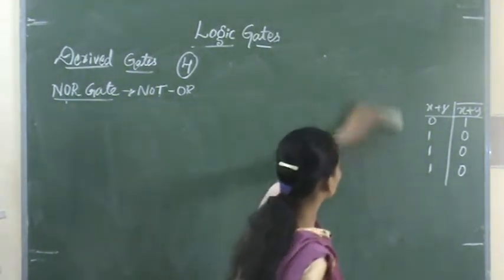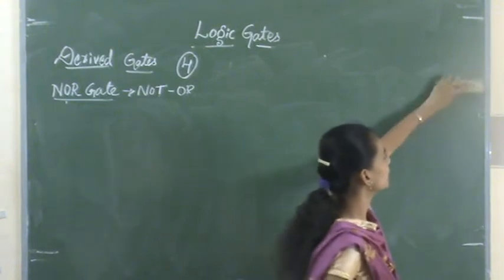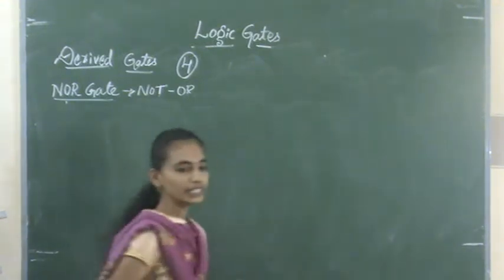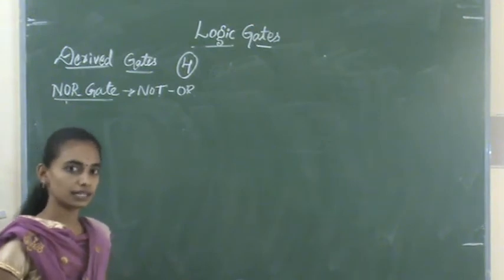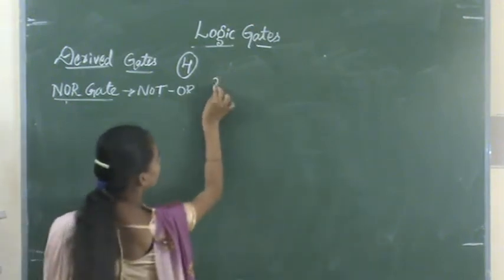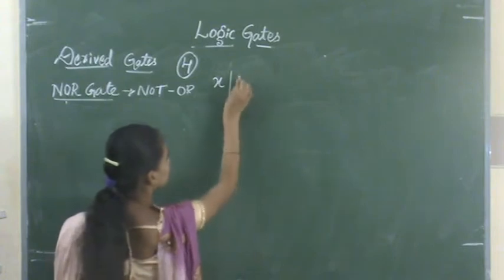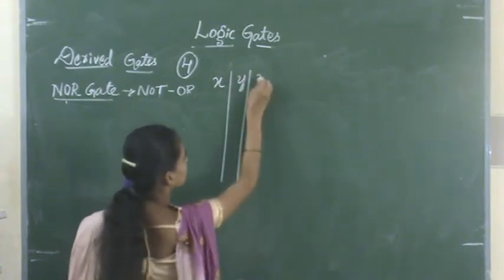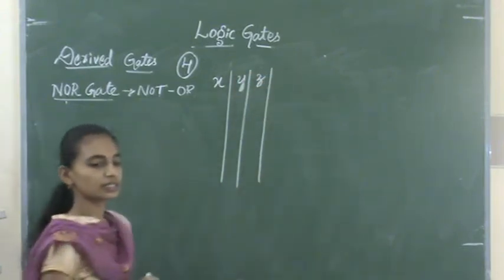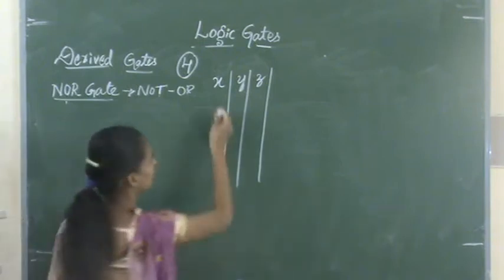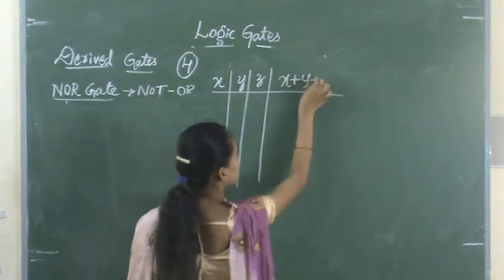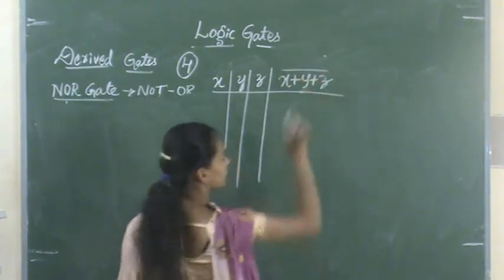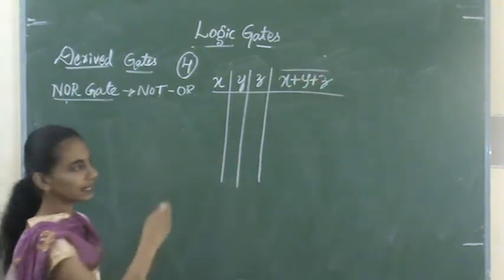To write the truth table for three input variables, we need 8 possibilities, that is 2 power 3. So I am writing X, Y and Z, these are the three inputs we are taking. It is X plus Y plus Z whole bar, and we will get that result.